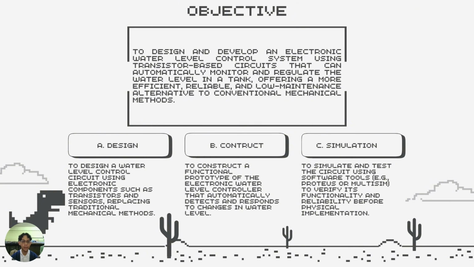Third, we plan to simulate and test the circuit using software tools like Proteus and Multisim to ensure functionality and reliability before building the real version.